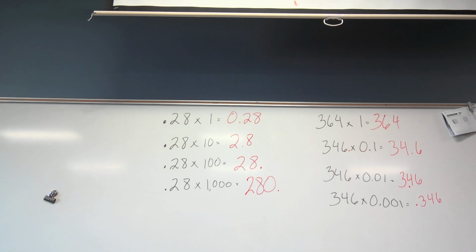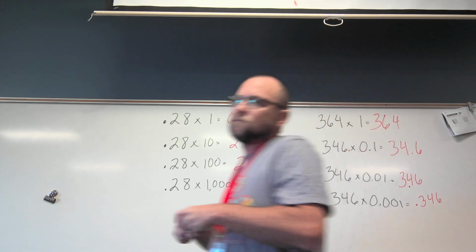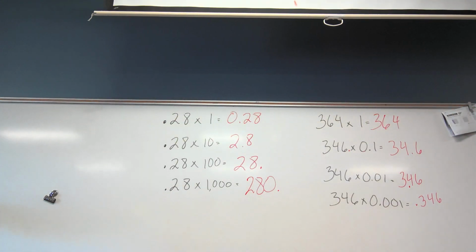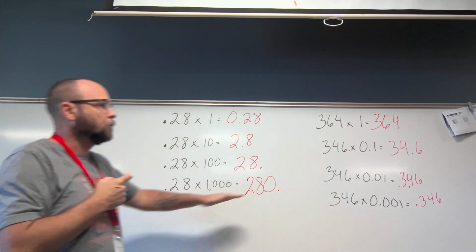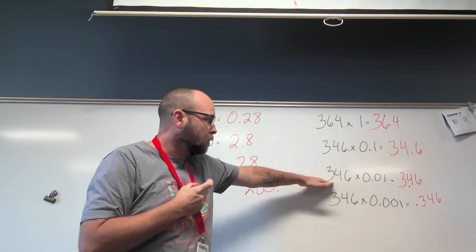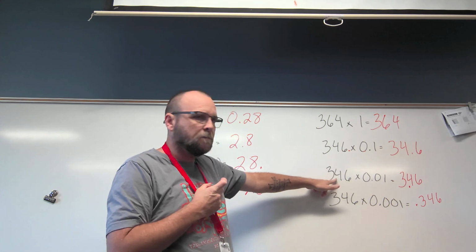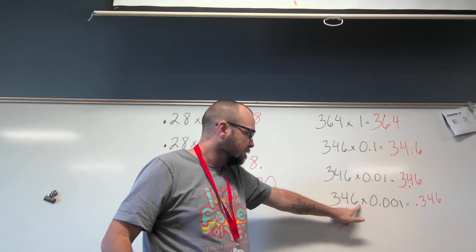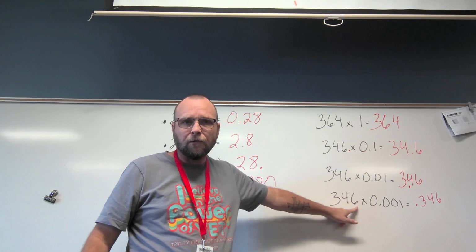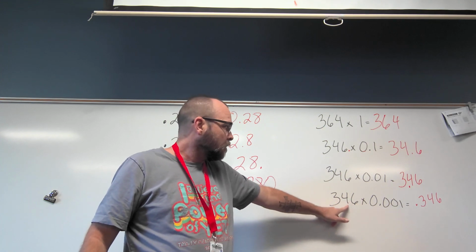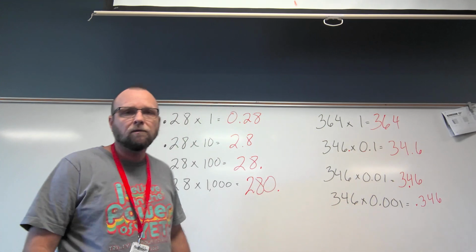It's just a matter of moving your decimal point, because you're making it either 10 times bigger or 10 times smaller for each place value. Hundredths. So we made it 100 times smaller. That is 10 times smaller, that's 100 times smaller. Thousandths. We need to make it 1,000 times smaller. That's 10 times smaller, 100 times smaller, 1,000 times smaller.